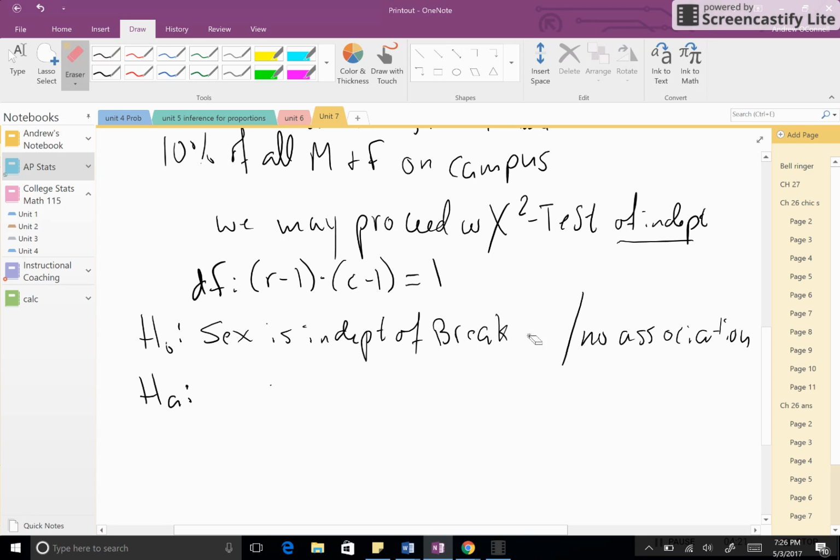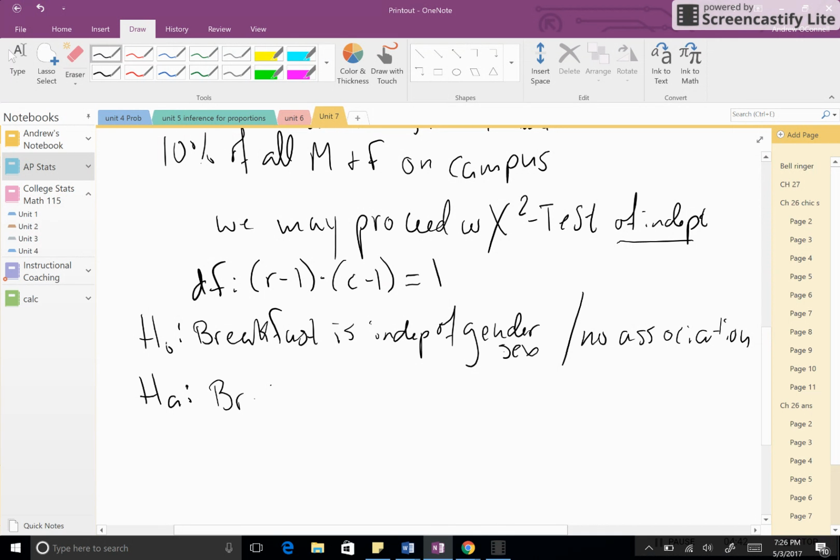It should really be that breakfast is independent of gender or sex, or breakfast is not independent, in that there is an association.